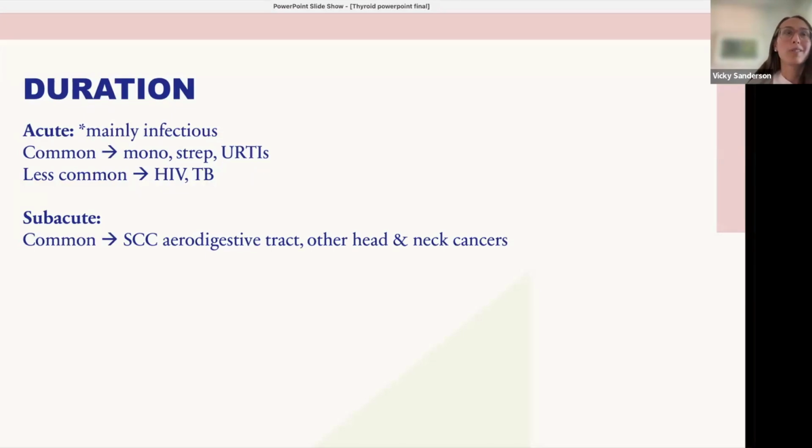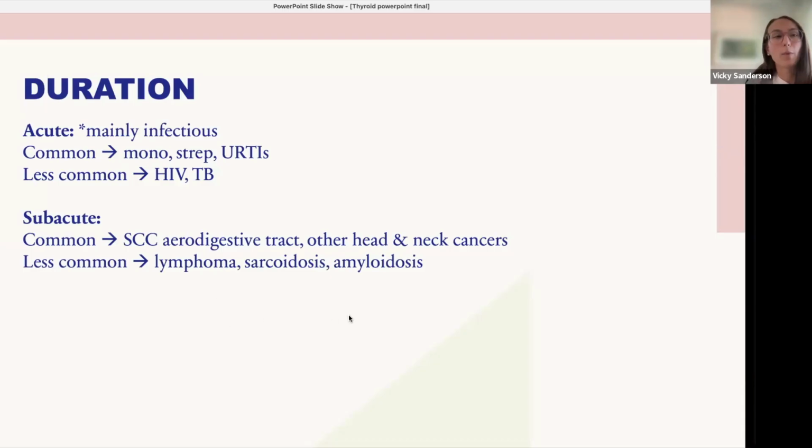And patients are presenting with likely other symptoms like dysphagia, referred otalgia, hoarseness, vocal cord changes. All of those things will increase your pretest probability of something like a head and neck cancer. And then, of course, I've already alluded to other cancers like lymphoma, there's sarcoidosis, amyloidosis that can present with masses that are not going away and they're lasting longer than we would like.